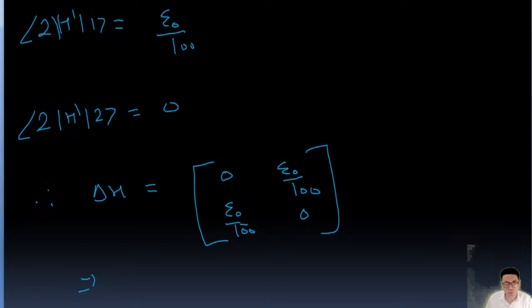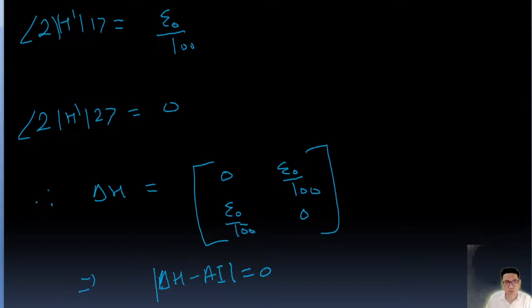So then the determinant of delta H minus lambda I is going to be 0, right?